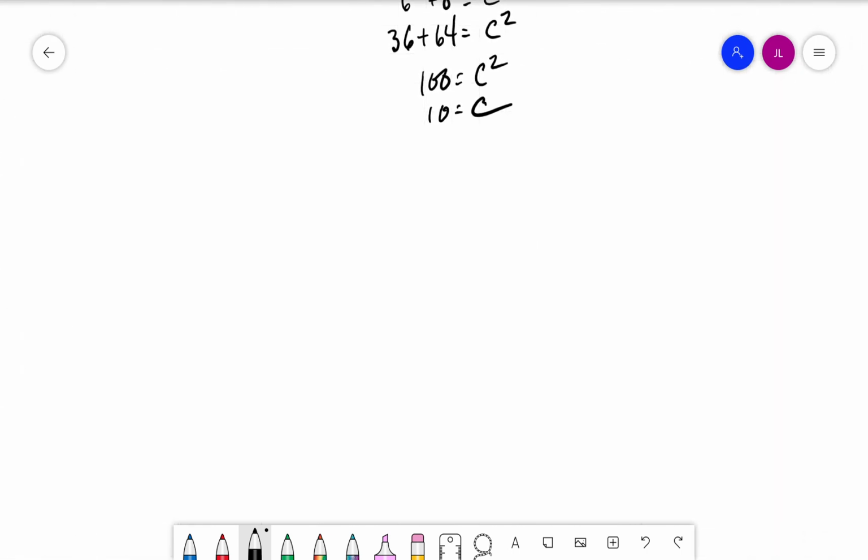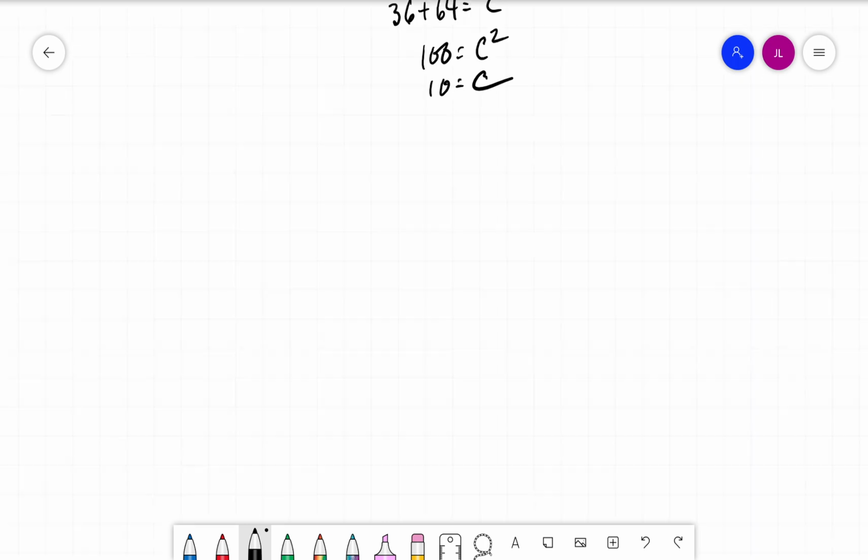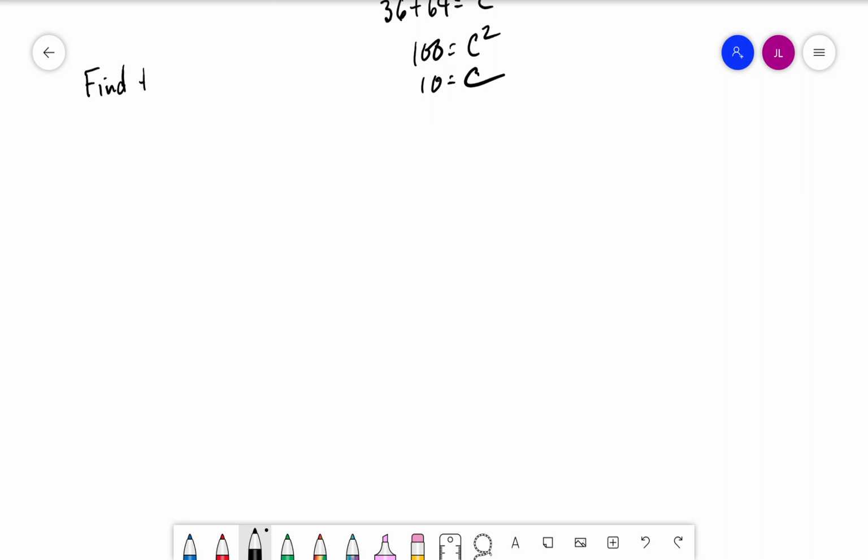We'll do one more. For the next one, we want to find the length of a leg. So we're not going to be finding the hypotenuse here.